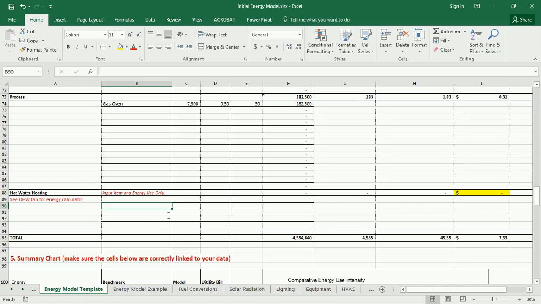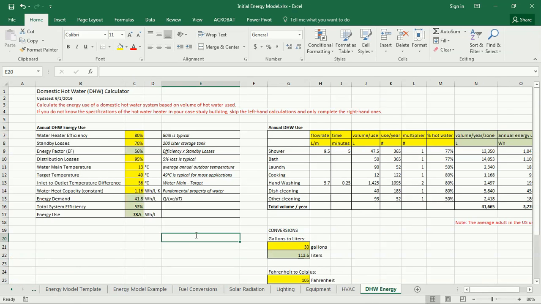So I should say there are a lot of things you can do. There just aren't that many interesting things you can do. So there is a domestic hot water, DHW by the way stands for domestic hot water, tab. And if you come over to here, you can see yet another rule of thumb calculator for figuring out how much hot water you use and how much energy that hot water uses.